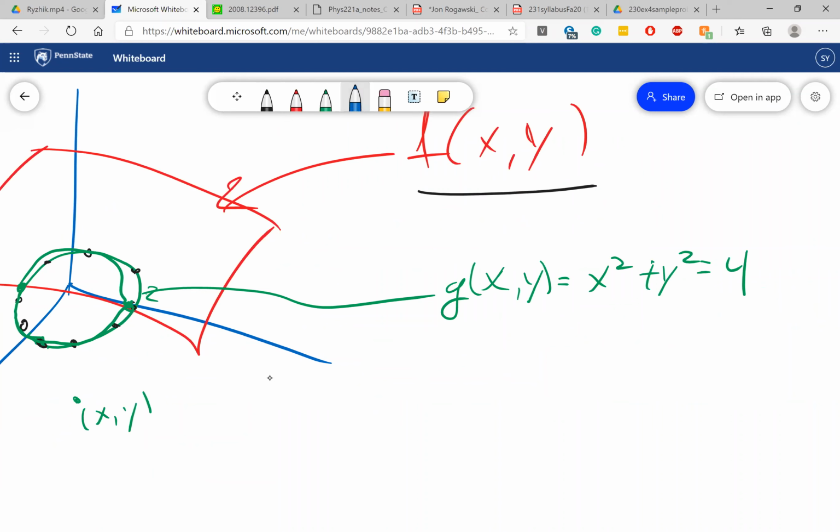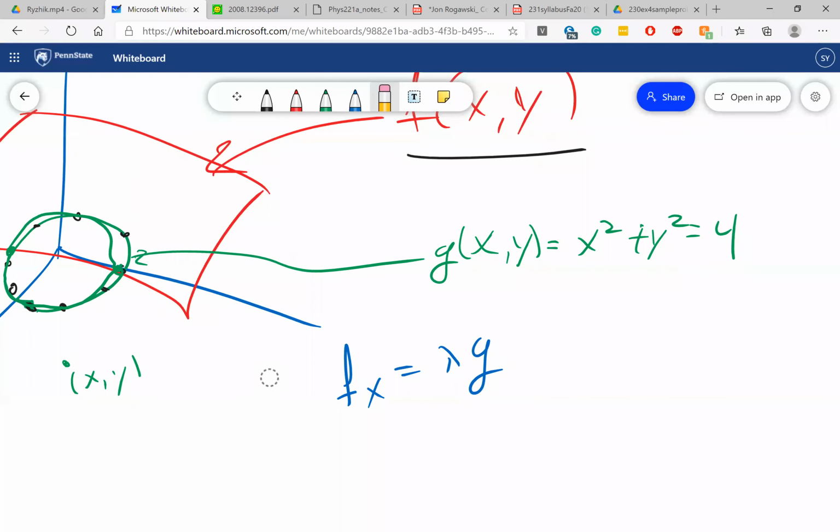So we take our function f, we take the x derivative of it, and we set it equal to lambda times g, the x derivative, sorry, of g. And then we do the same thing with the y derivative. So f with respect to y is equal to lambda g with respect to y.